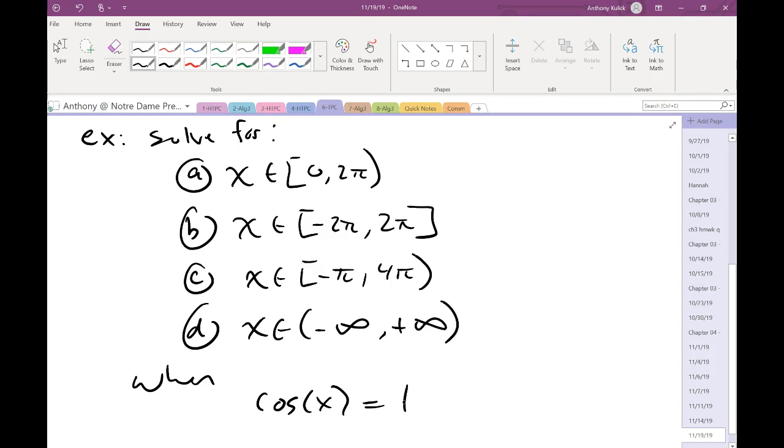We're going to ask to solve for x when x is a unit circle angle, when it's between negative 2 pi and 2 pi, between negative pi and 4 pi, and then when it's any real number. And our equation here is cosine of x is equal to 1. So where do we go first?